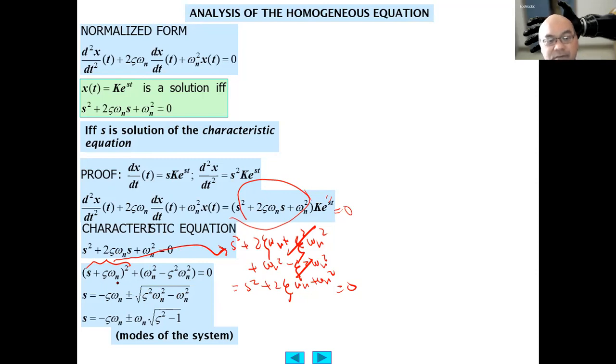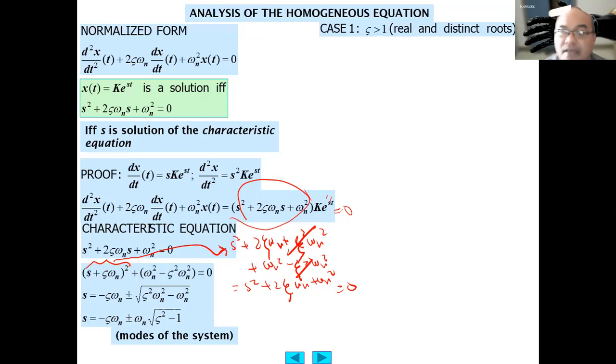Then you take the square root of it, so that s plus zeta omega n equals plus minus the square root of zeta² omega n² minus omega n². The term zeta omega n then moves to the right hand side, becoming negative zeta omega n plus minus the square root of zeta² omega n² minus omega n². Omega n² can go out of the square root and become omega n, so s equals minus zeta omega n plus minus omega n times the square root of zeta² minus 1. So this is called the modes of the system.